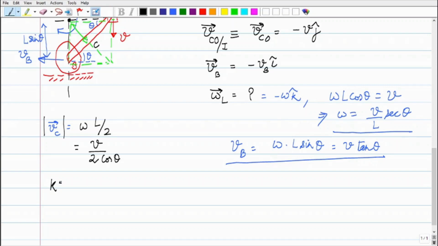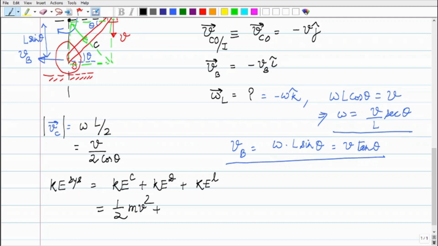So kinetic energy of the system, that's KE of the collar plus KE of the disk plus KE of the link. For the collar, it is half m v squared. For the disk, it has got translational as well as rotational, right?